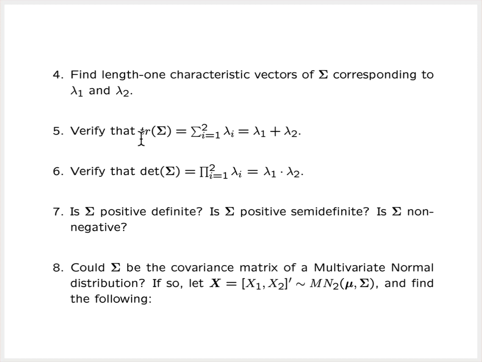We're going to verify this property that the theorem told us was true, that the trace of the matrix is equal to the sum of its characteristic roots. We're also going to verify this property that said that the determinant of the matrix is equal to the product of the characteristic roots. And then we'll answer some questions about whether it's positive semi-definite, whether it's positive definite, and finally, whether the matrix is non-negative.